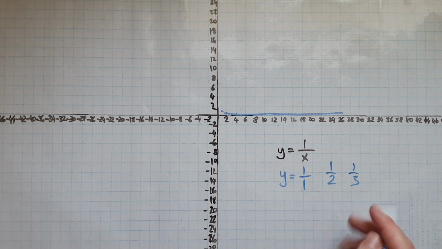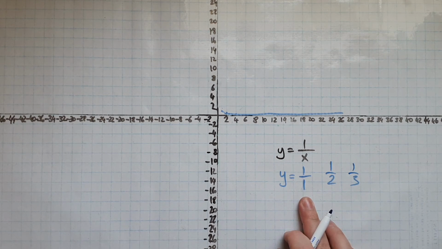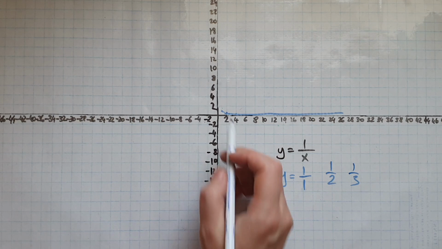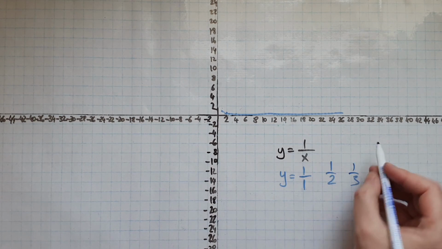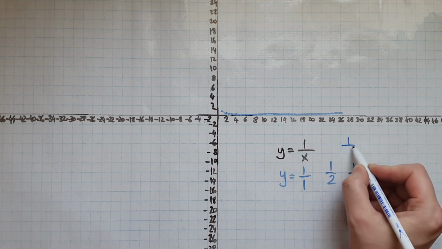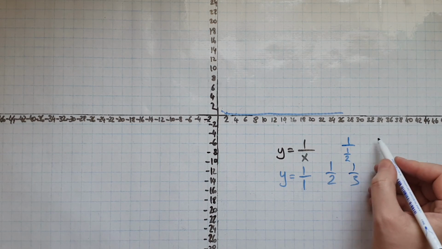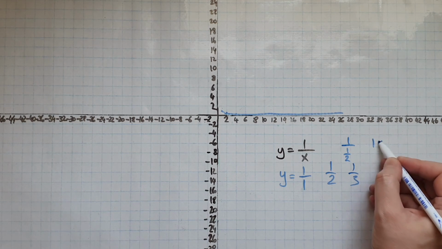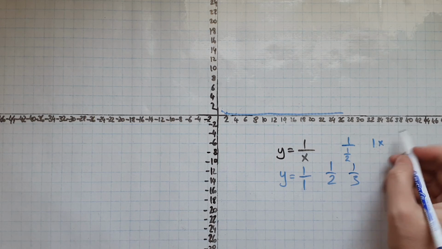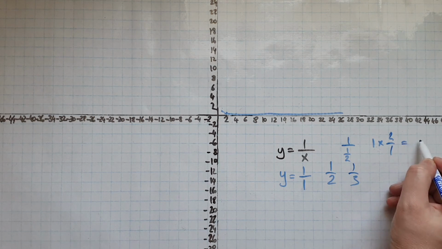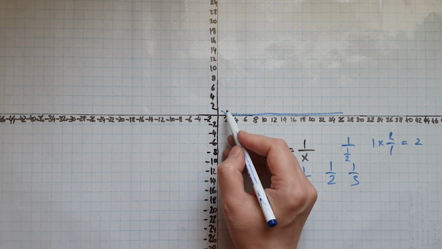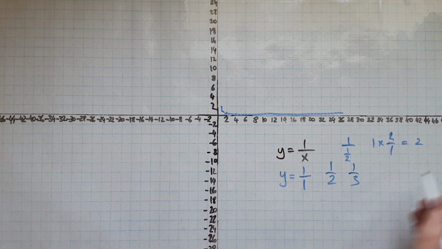And then on the other side, when you get x equals half, for example, then you get 1 over a half, which is like 1 times 2 over 1, and that gives us 2. Y is equal to 2.